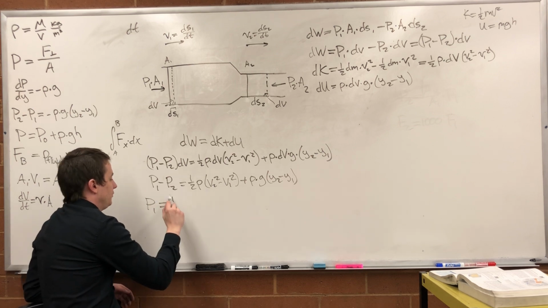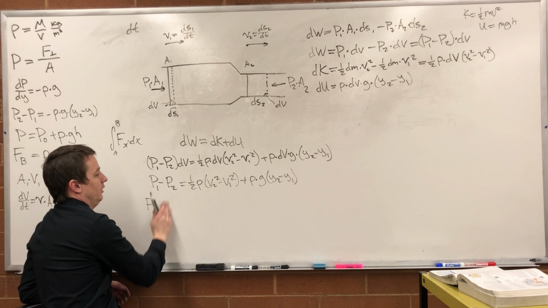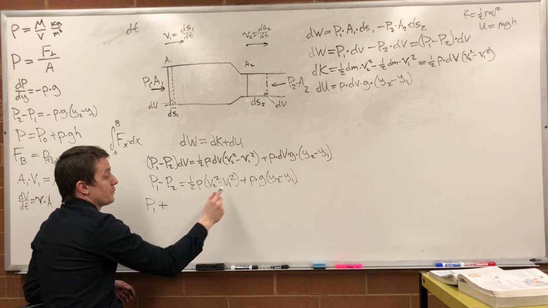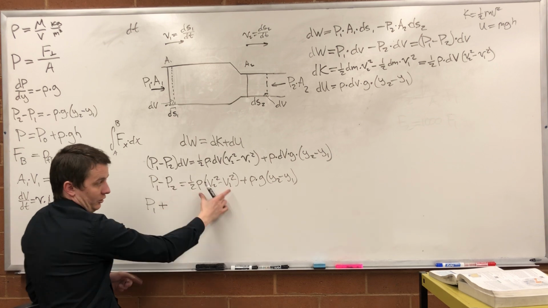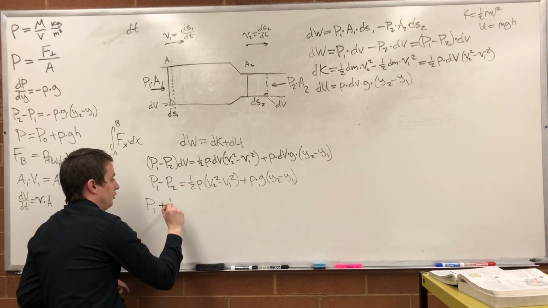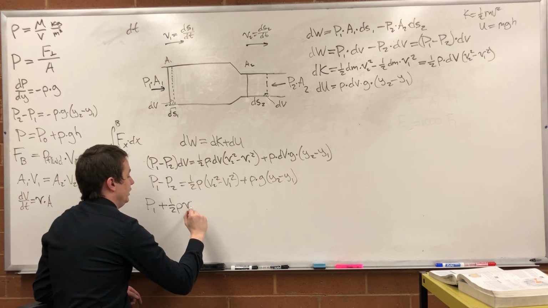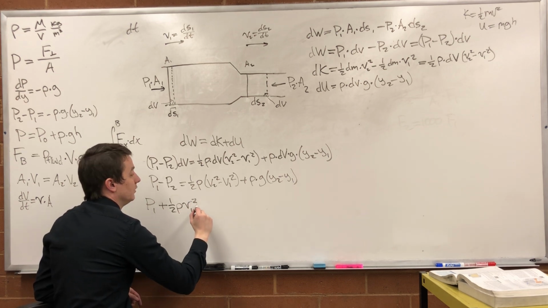P1 plus, move this to the other side, our V1 term here, which is 1/2 rho times V1 squared.